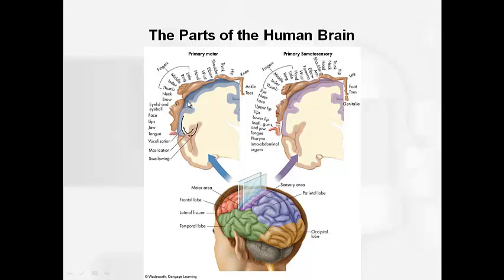So this is the primary motor cortex here on the left, and different regions of the body are represented, so that if someone were to stimulate this particular region, the tongue would move. If I were to stimulate this region of this individual, the thumb would move, and so forth.